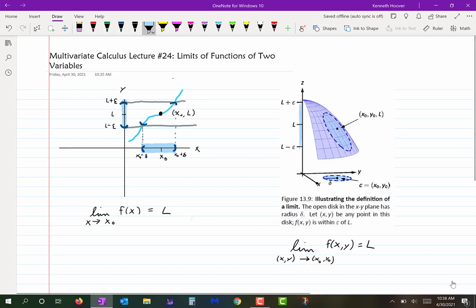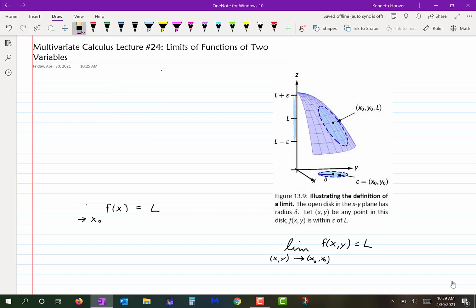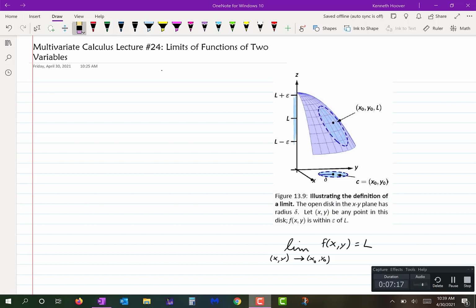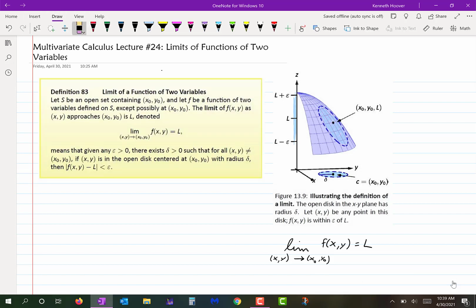Okay, so let me show you how the definition is written in the book. Let's go ahead and erase this picture. Okay, here's the definition right out of the book.